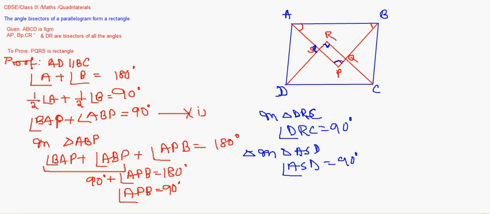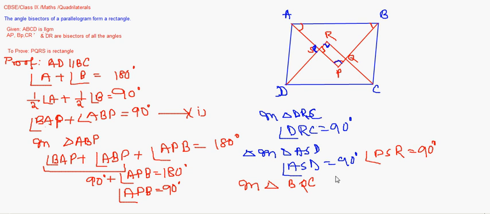If you prove angle ASD to be 90, automatically angle PSR becomes 90 because they are vertically opposite angles, right? You do the same thing in triangle BQC.